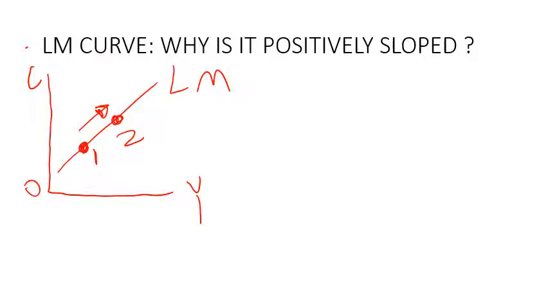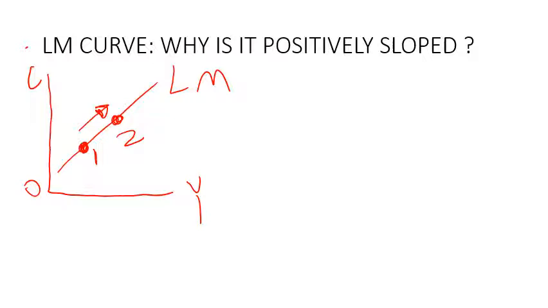First, we have to identify the causal relationship. Remember, regarding the IS curve, changes in the interest rate cause changes in national income. Regarding the LM curve, it's the opposite.